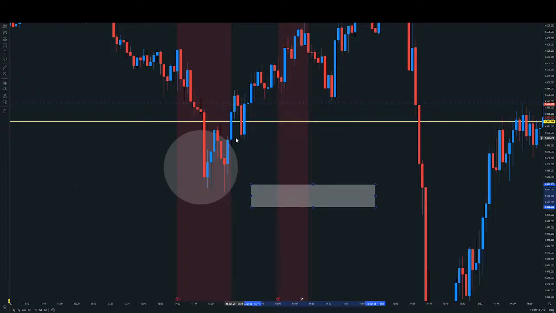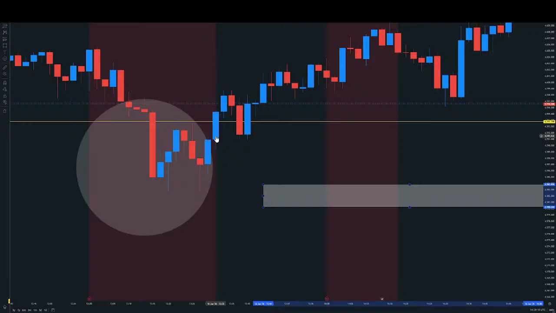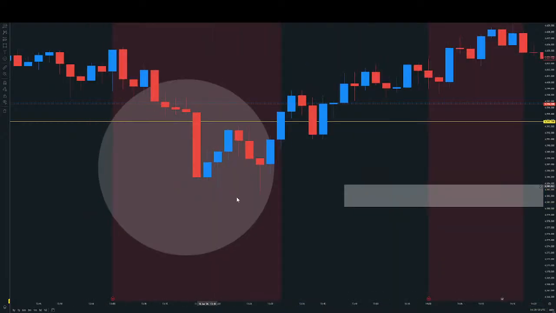I'll zoom in because this is a smaller time frame. This is the candle where the movement of reversal took place. Whenever a reversal is going to be a valid reversal, there will be a pullback that starts with a fair value gap.